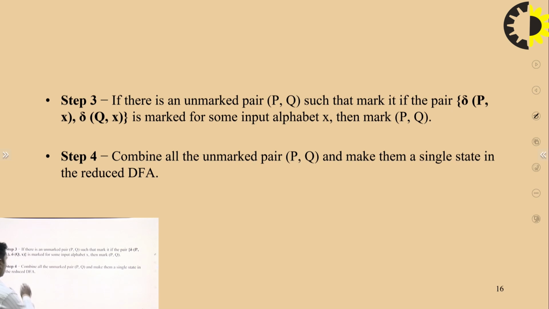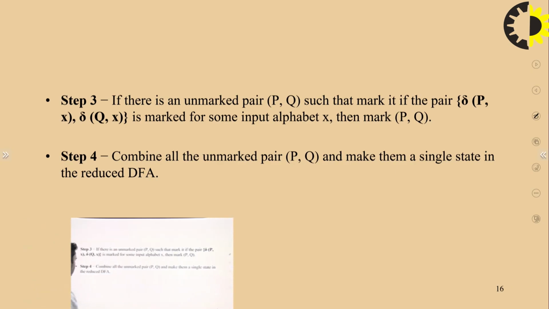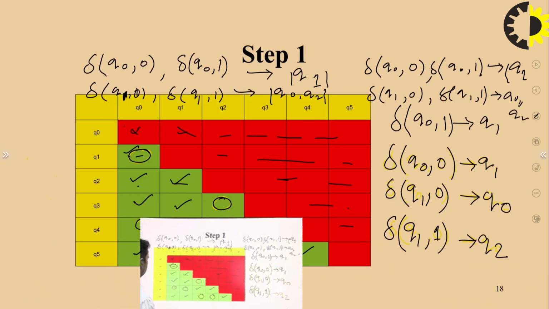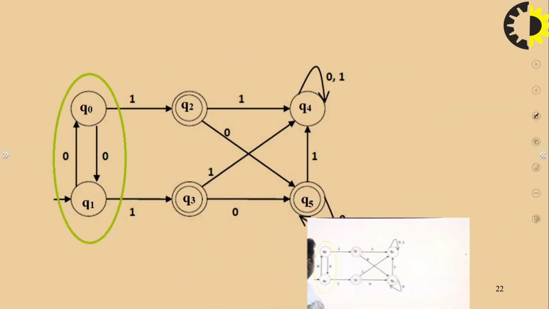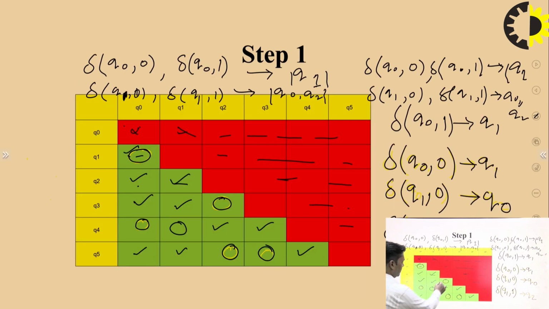Step 4, all unmarked pairs PQ, make them a single state in the pair. So here continue this step until these unmarked pairs are marked.